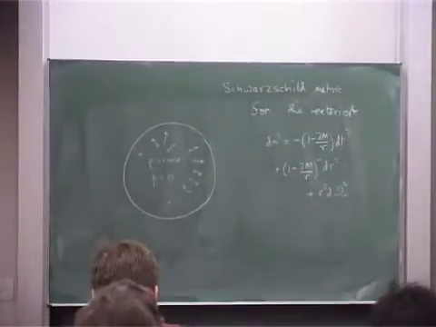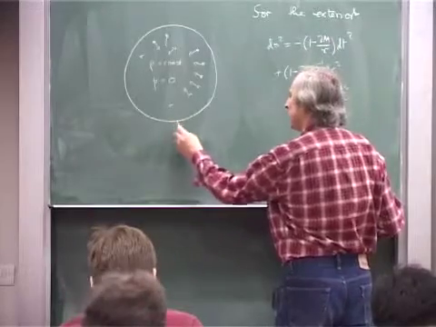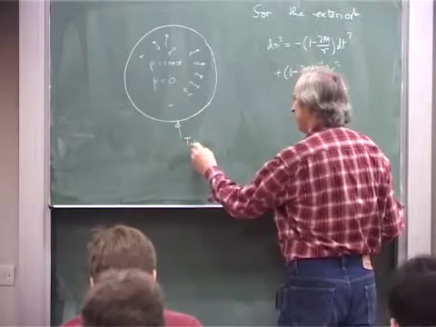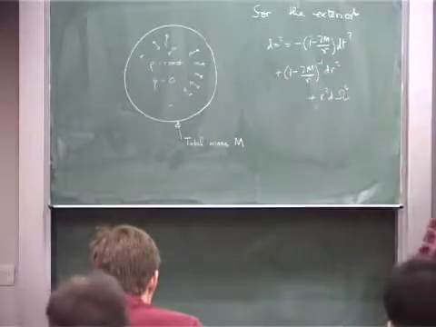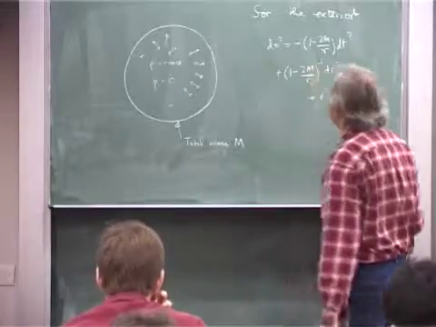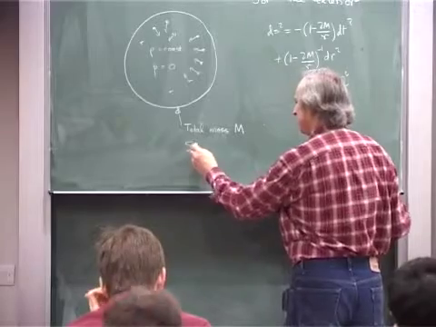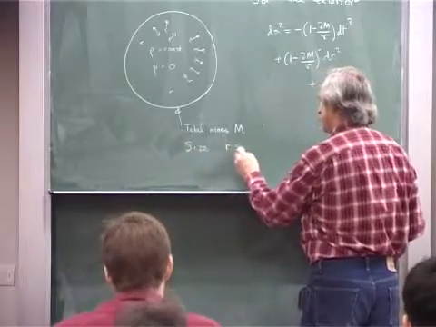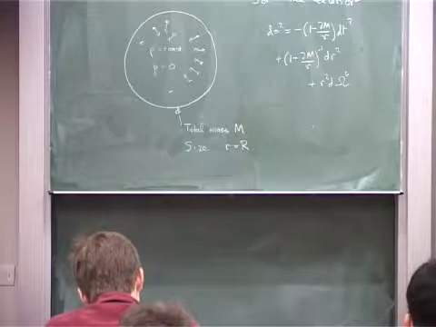Now to make life easy for ourselves, let's suppose that this collapsing matter has total mass m, and that it starts collapsing when its size, meaning that in the Schwarzschild metric r is equal to big R. Another way of saying it is that its surface area is 4 pi big R squared.